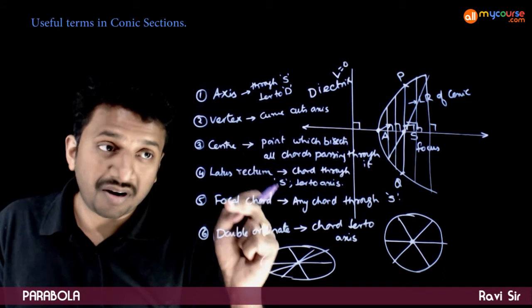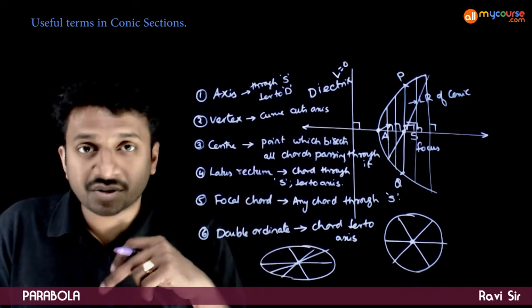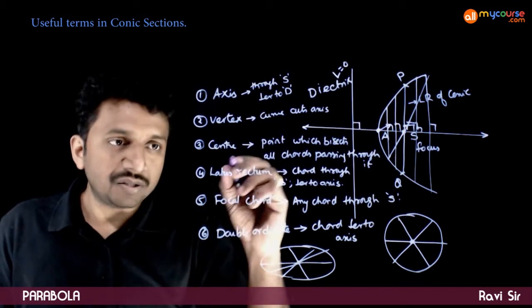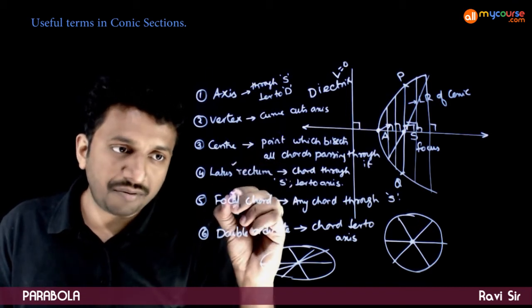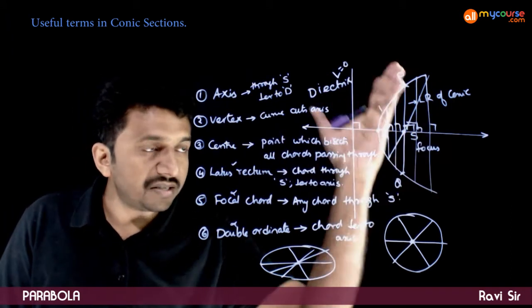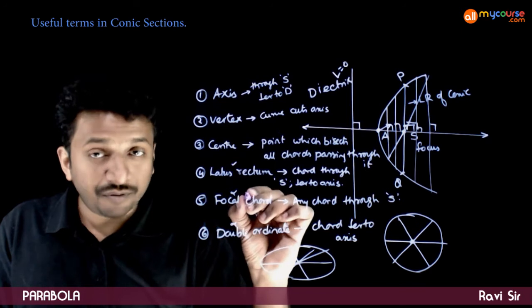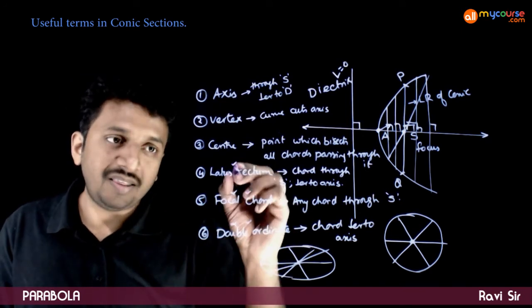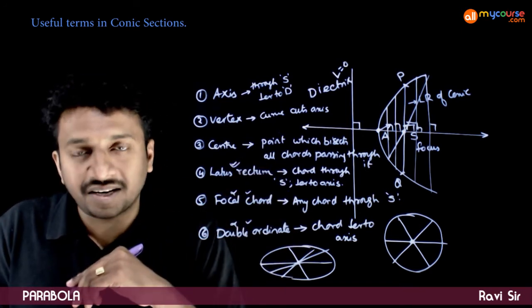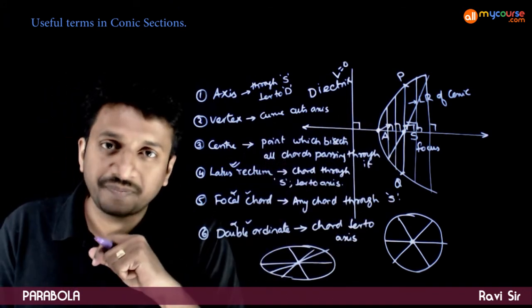A focal chord which is also a double ordinate is called the latus rectum. So latus rectum is the intersection of these two. I hope you understand all the terms.